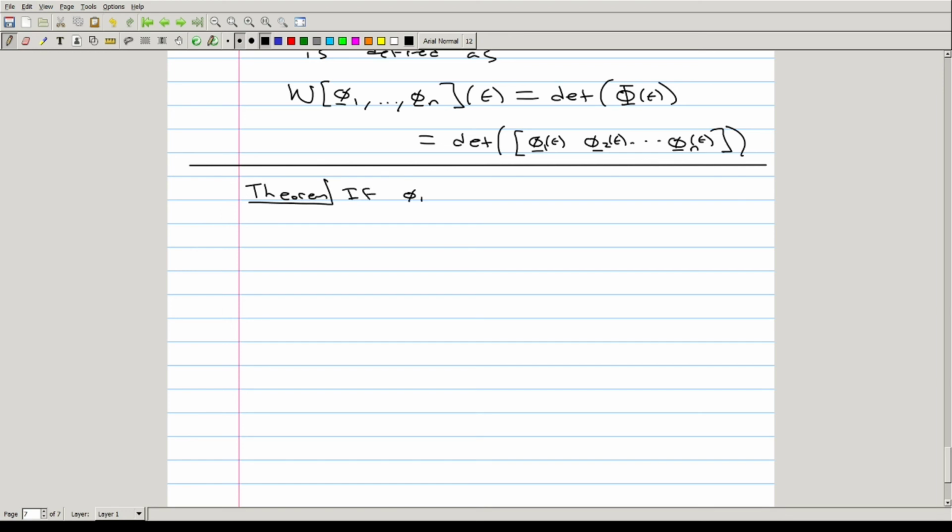So if phi1 to phi(n) are linearly dependent on the interval I, then the Wronskian is identically equal to 0 on I.